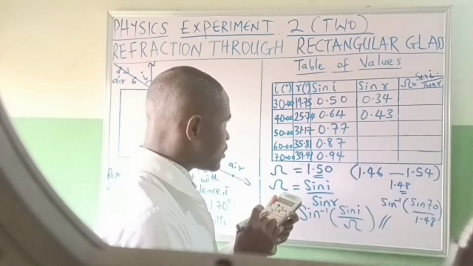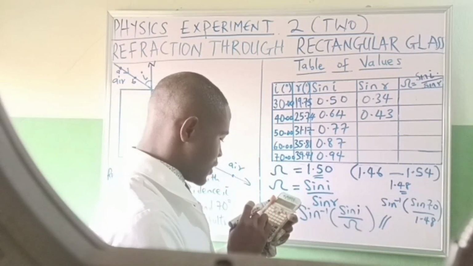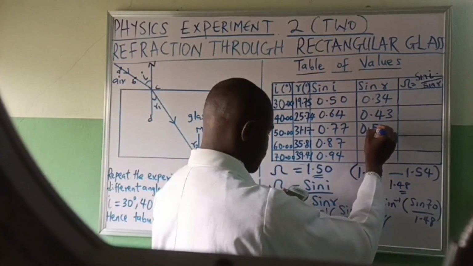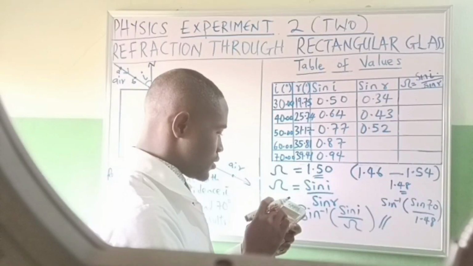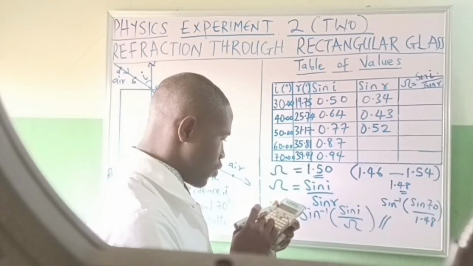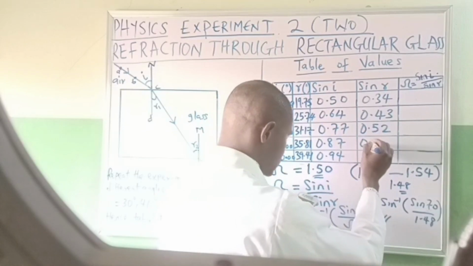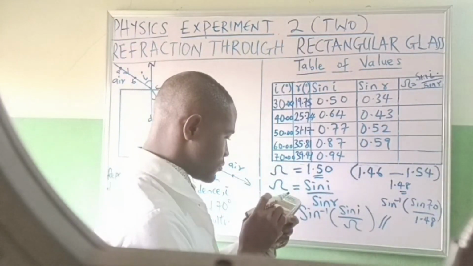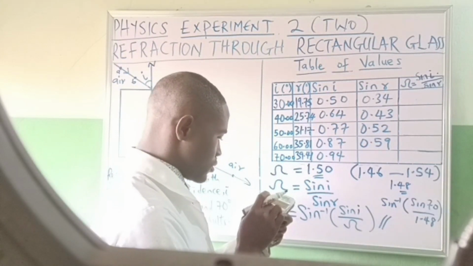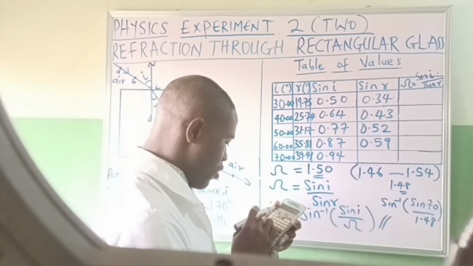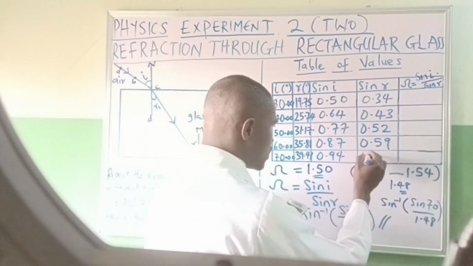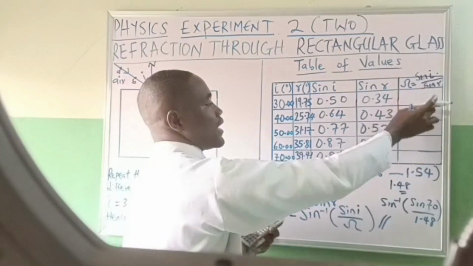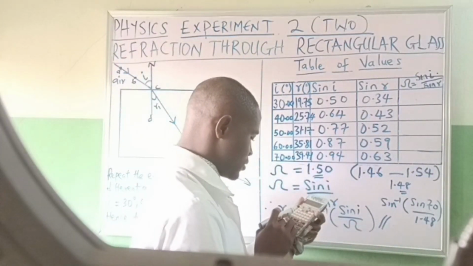Sine 31.17 is 0.52. Sine 35.81 is 0.59. Sine 39.41 is 0.63.